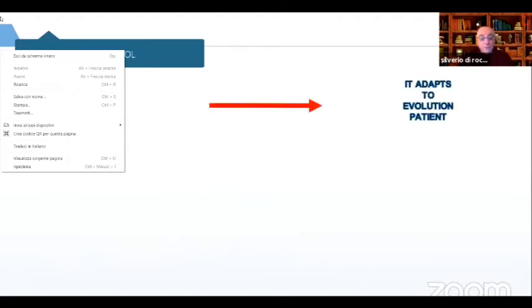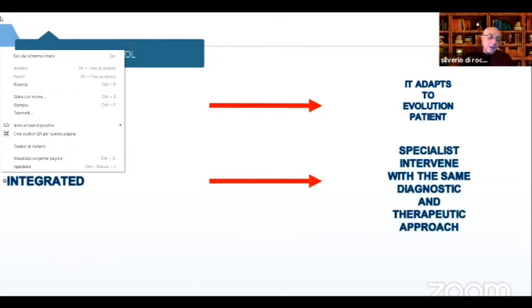Our protocol of M.P.R. is an active protocol that can be adapted to any evolution of our patient. It's integrated because the specialists intervene with the same diagnostic and therapeutic approach.